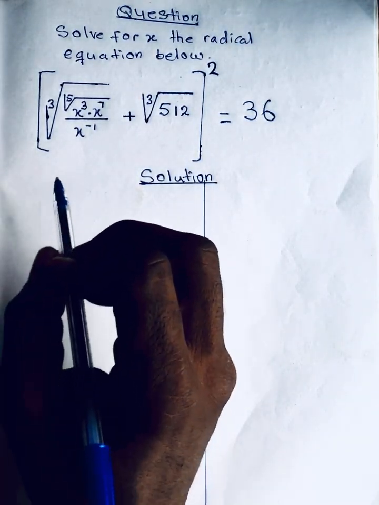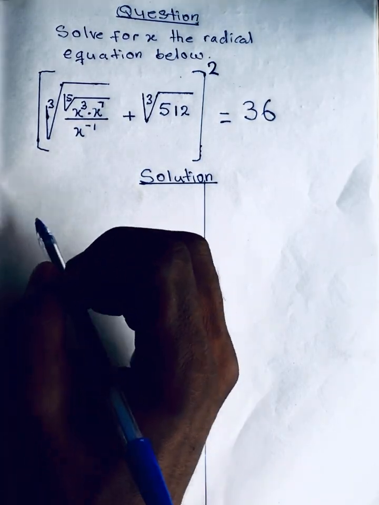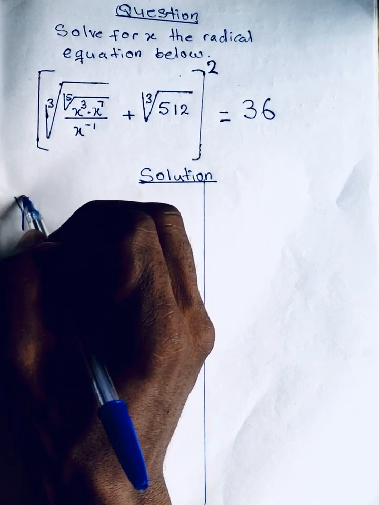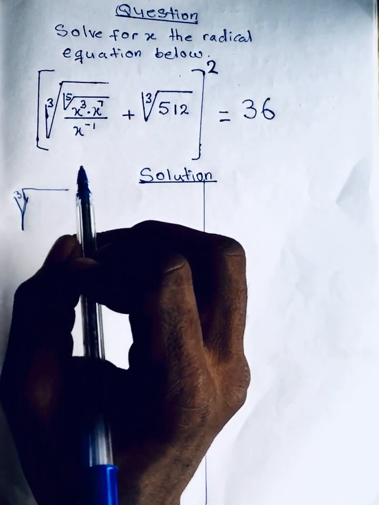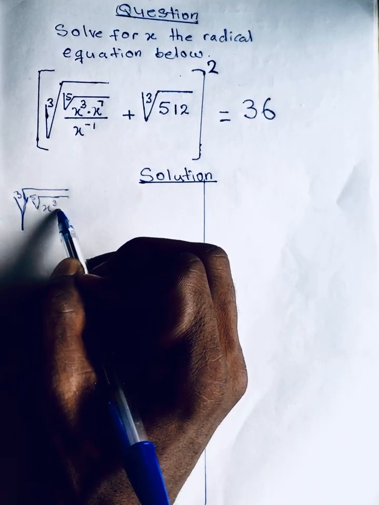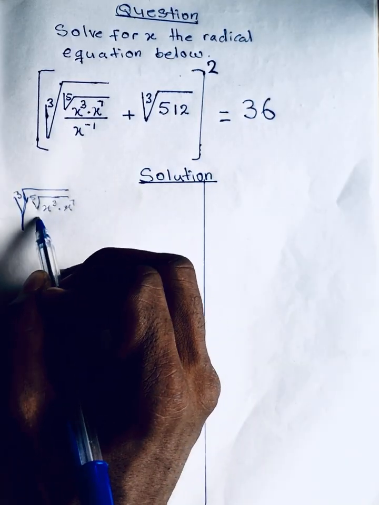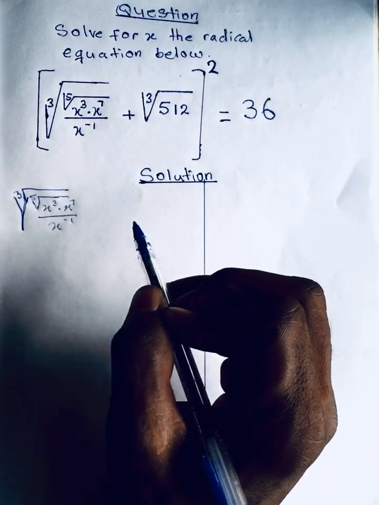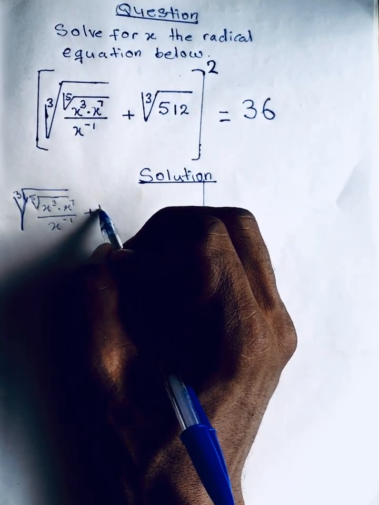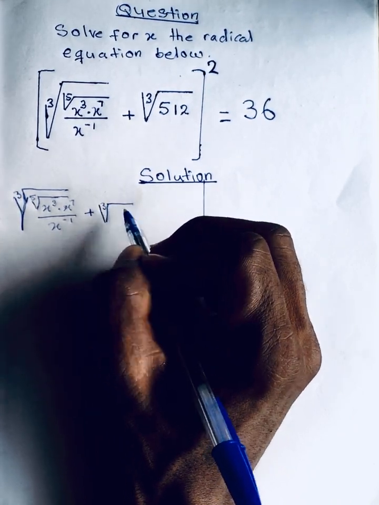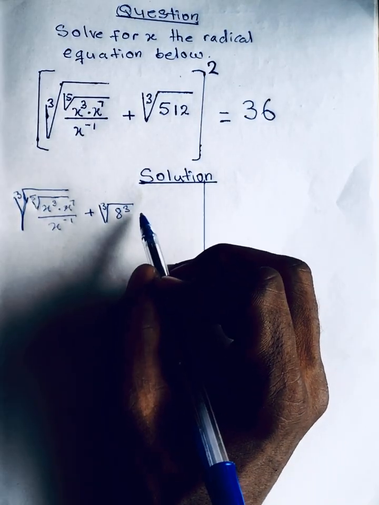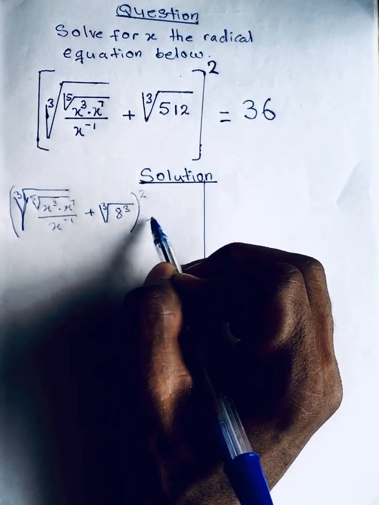Let's rewrite the expression: the cube root of the fifth root of x cubed times x to the power of 7 all over x to the power of -1, plus the cube root of this, which is equal to 8 to the power of 3, all of this squared will give us 36.